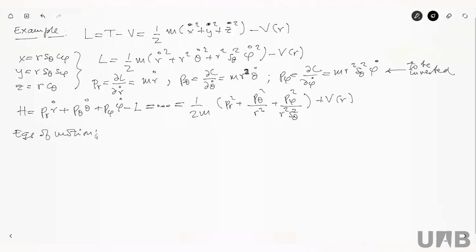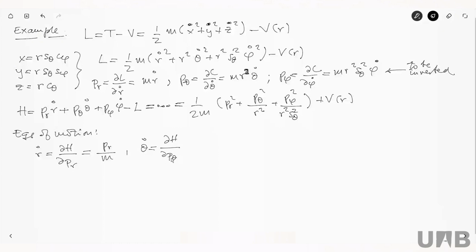Let's compute the equations of motion. That is, r dot equals partial of H with respect to its corresponding canonically conjugate momentum, p sub r. And now, if I take the derivative here, it is nothing but p sub r divided by m. Theta dot. So that's, again, the same story. It's partial of H with respect to p sub theta.